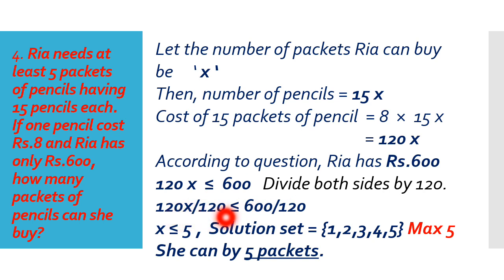Okay, so the solution set, all the numbers we can take are 1, 2, 3, 4, 5. So this is the solution set, and the maximum number is 5. Okay, so the maximum number of packets she can buy is 5. So if she has 600 rupees, she can buy 5 packets of pencils. Correct? So this is the answer. So thank you class.